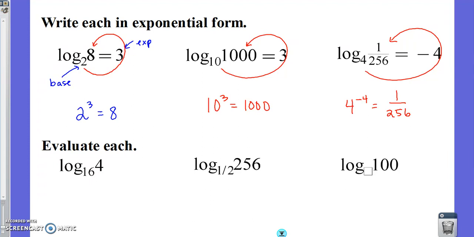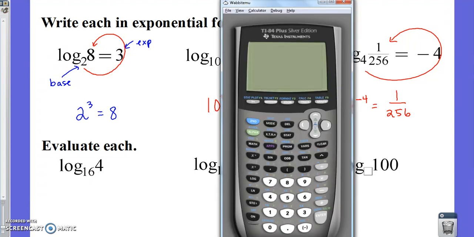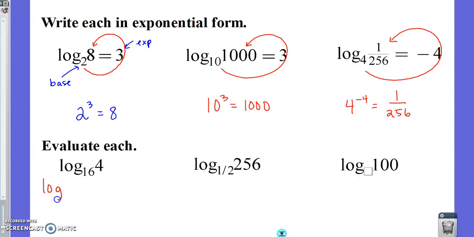Now, if you want to evaluate something and actually figure out what that number is, your calculator has a log button. It's the LOG button. If we want to evaluate log base 16 of 4, I'm going to enter log 4 on the calculator and I'm going to divide it by log 16.